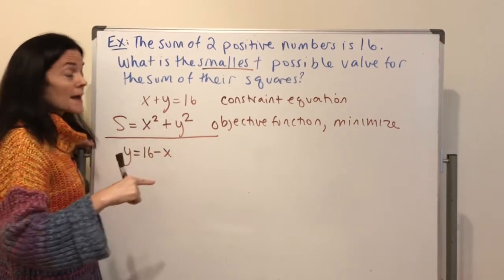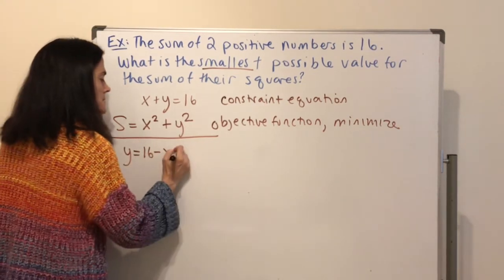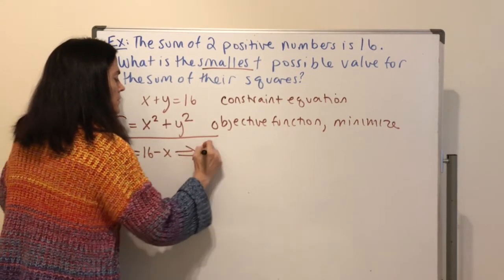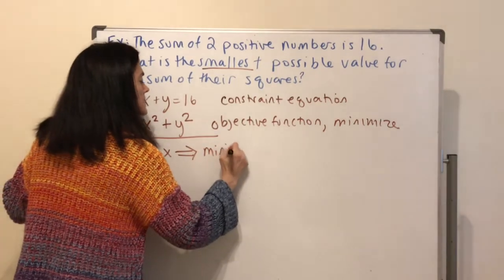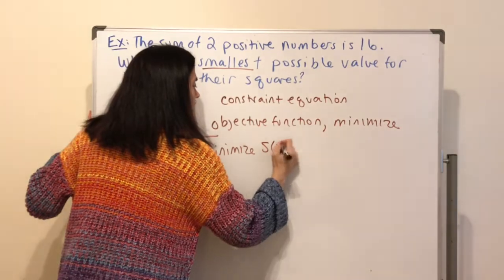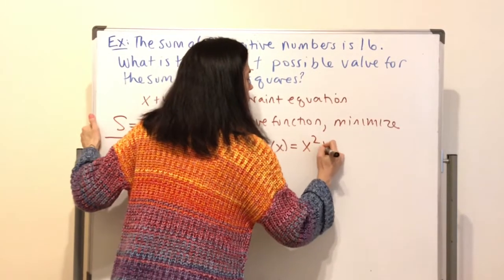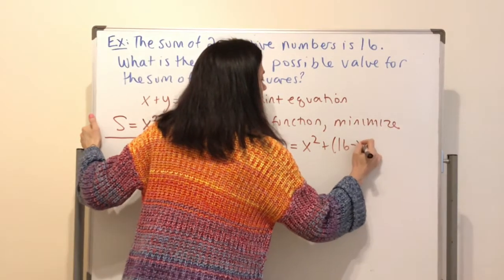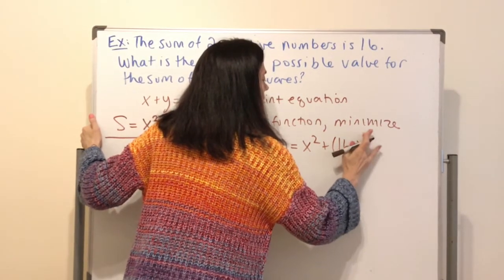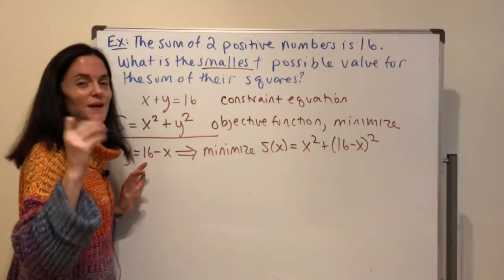And so my objective function now, as a function of x, we want to minimize, I'll call it s of x, which is x squared plus 16 minus x, quantity, squared. This is x squared plus y squared.